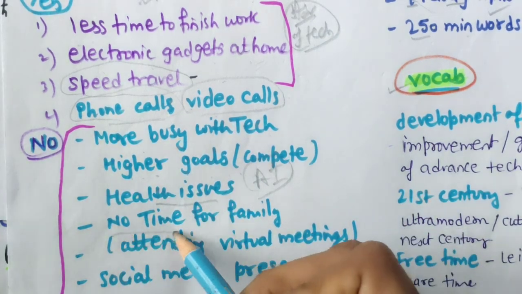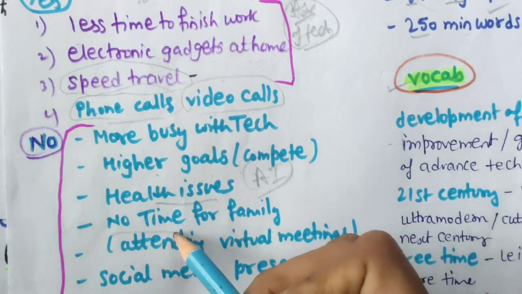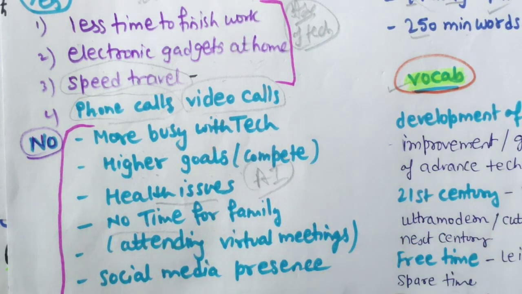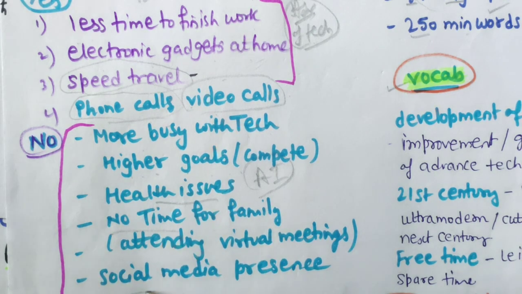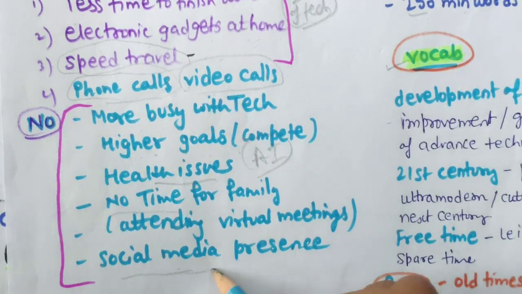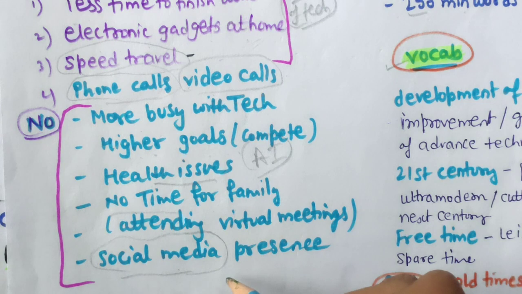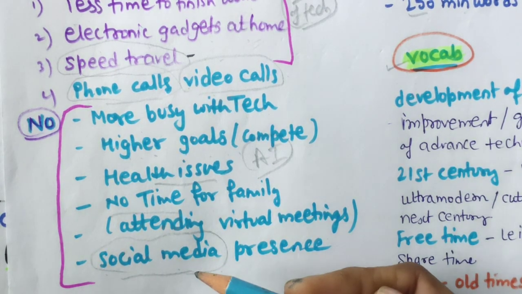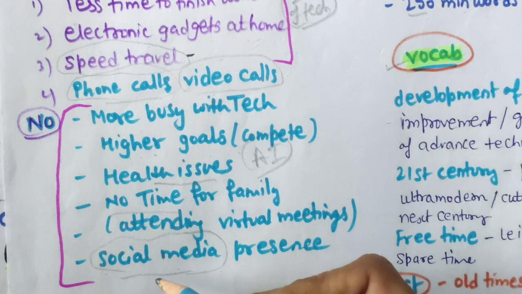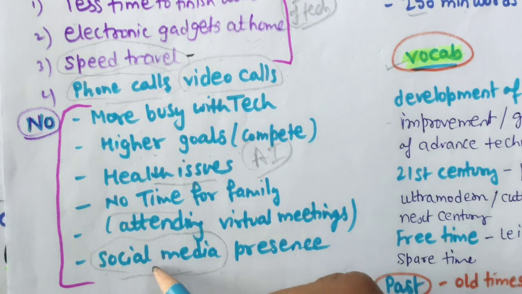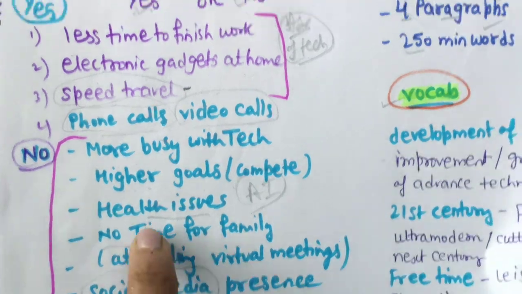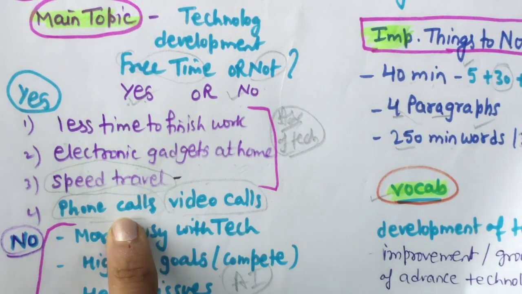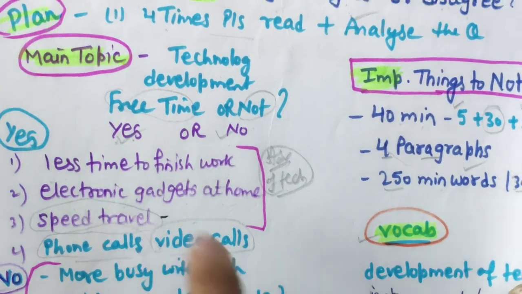And when they are busy in their offices, all the time attending meetings, there will be no time for family outings. Social media presence is also required for professionals and employees, and that is also taking time. So where is the free time? You can also take your own example, but personal examples are not allowed to be discussed. These are the points we have brainstormed. These are the ideas we will be using in our templates.